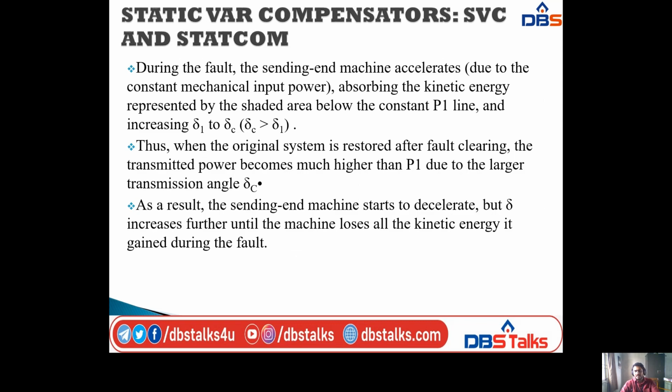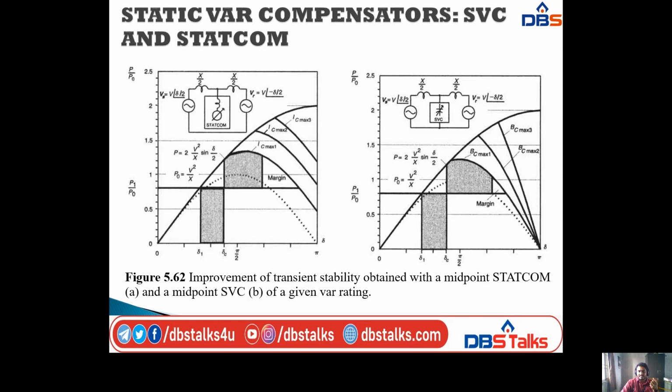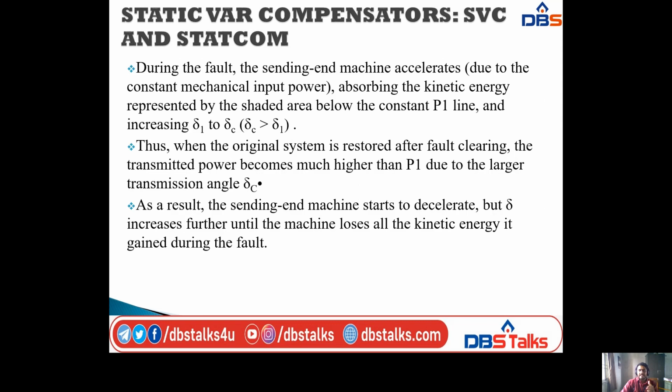During the fault, the sending end machine accelerates. We actually have three conditions: the pre-fault condition, the during-fault condition and the post-fault condition. Here, during the fault, the sending end machine accelerates, that means it is absorbing kinetic energy, represented by the shaded area below the constant P1 line, as the angle increases from delta 1 to delta C. That means delta C is greater than delta 1.